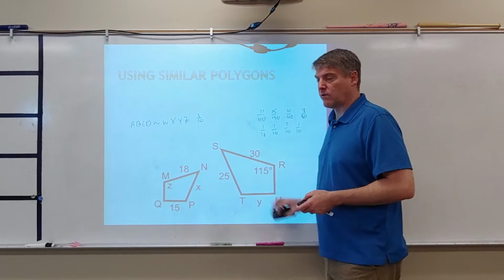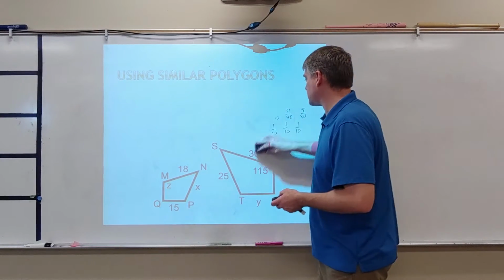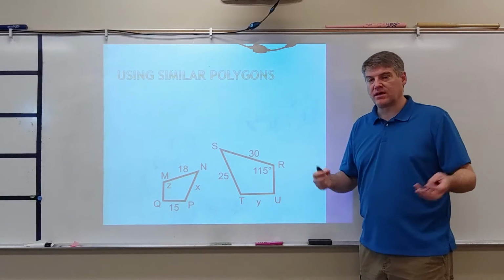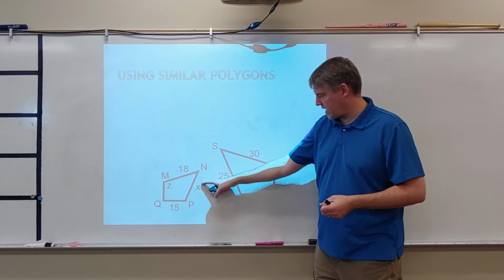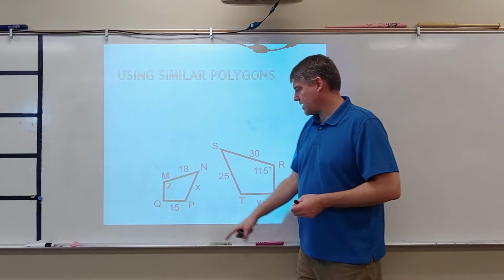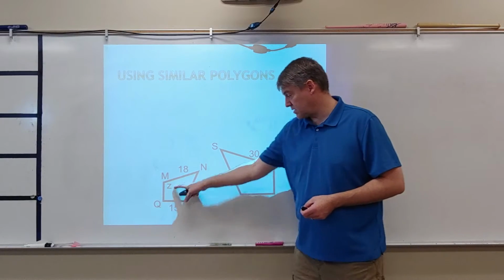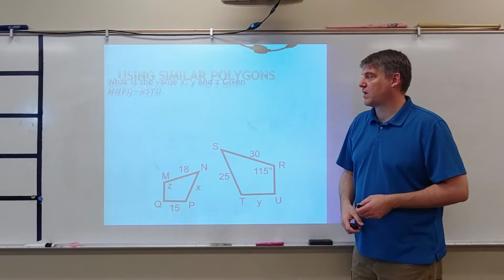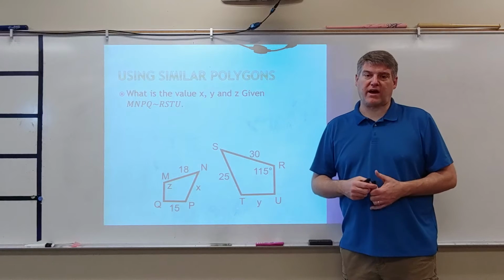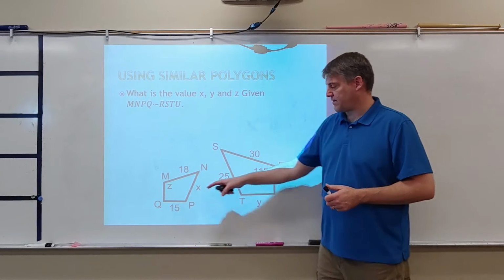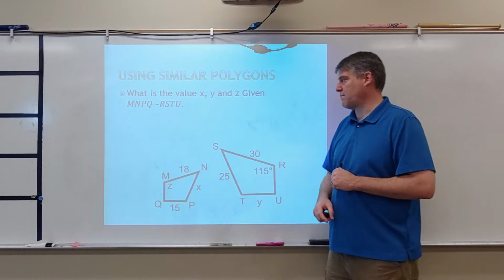Now we're going to use similar polygons to find a missing value here. So I have X, I have Y, and I have Z. These are similar polygons. What is the value of X, Y, Z given that these two polygons are similar?